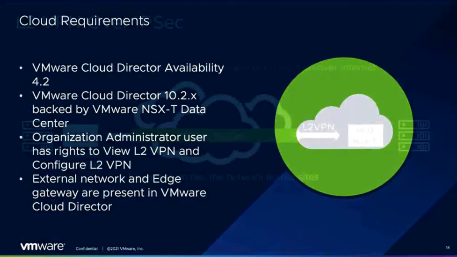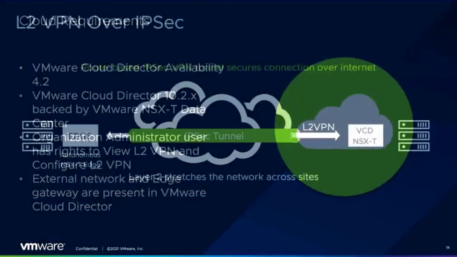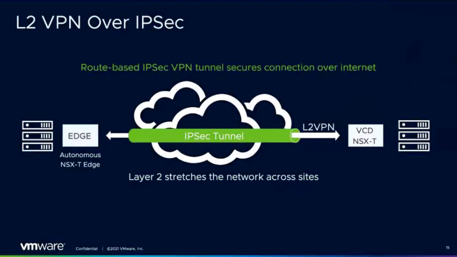How it looks and the components. On the cloud side, there is no additional component that needs to be deployed. And on the tenant side, it's only the NSX Autonomous Edge. And with that, after following a few simple steps, it's capable of establishing the IPsec tunnel and extending the network.